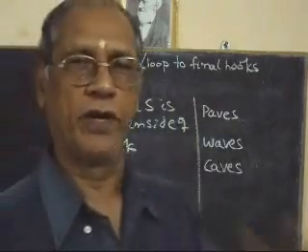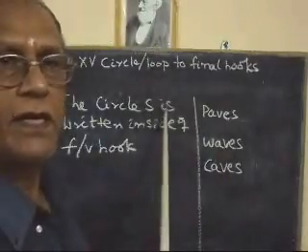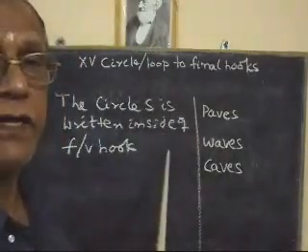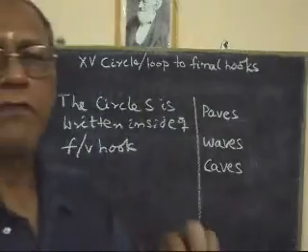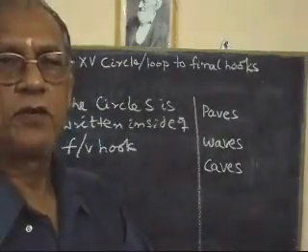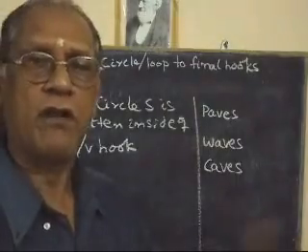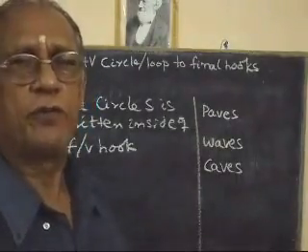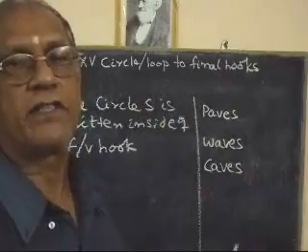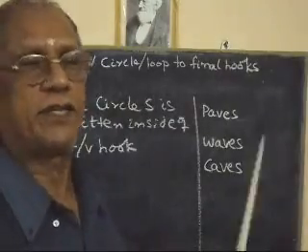Now another simple rule: the circle S is written inside the F or V hook. F or V hook means on a straight stroke only, because there is no F or V hook on curves. So we need not say straight stroke, because the F or V hook is only on straight strokes.